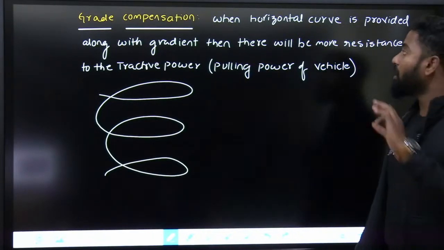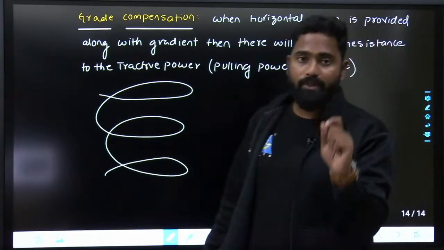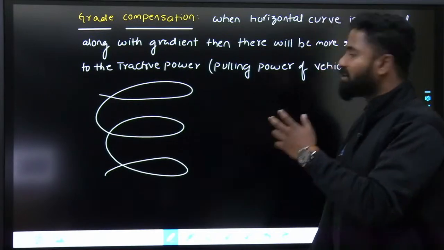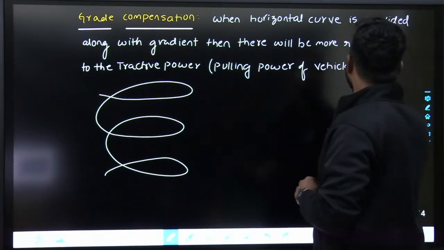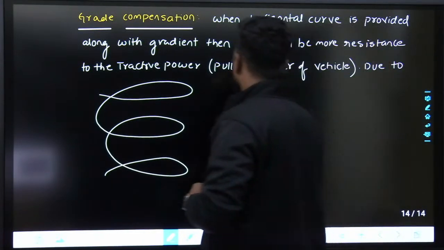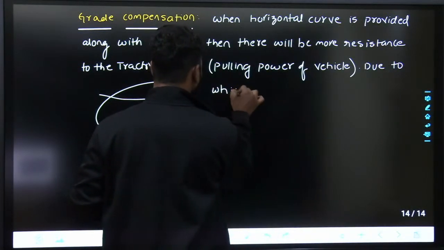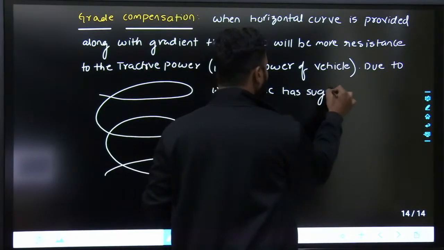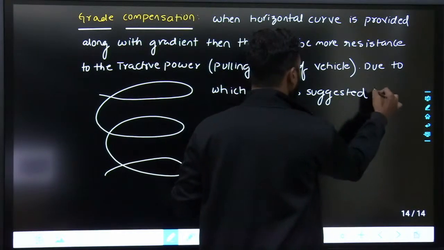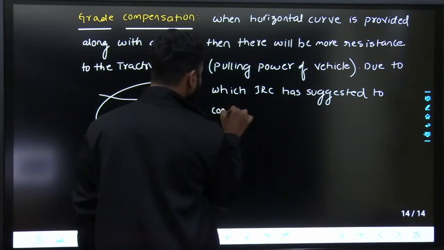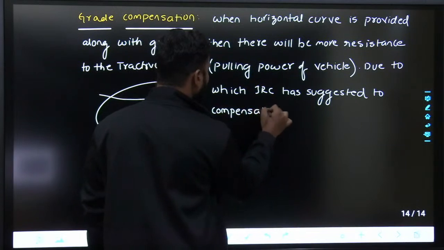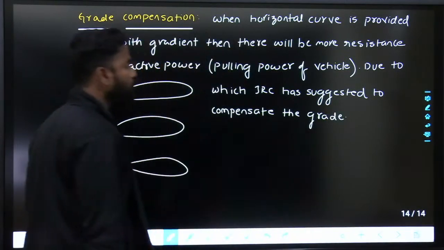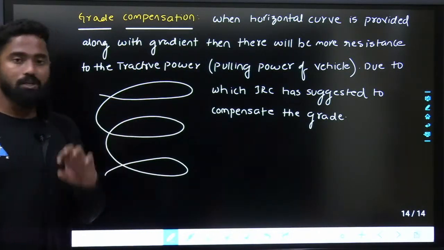This is provided when a horizontal curve is provided along with the gradient, because there will be more resistance to the tractive force, due to which IRC has suggested to compensate or reduce the grade.